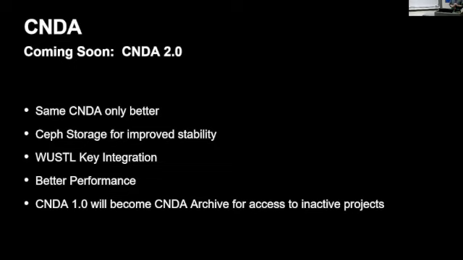it's now got 20 years of data and 20 years of projects on it, much of which is no longer accessed. And so a lot of what we're doing to improve performance substantially is to take all of the stuff that's really old, but that actually is getting dragged around in queries and slowing down the system, and leave it in the current CNDA, which will become a CNDA archive.